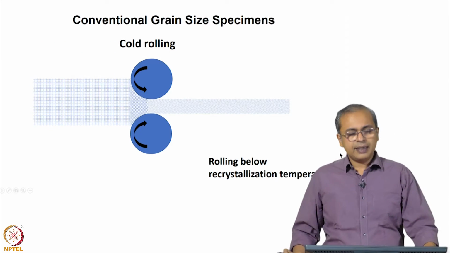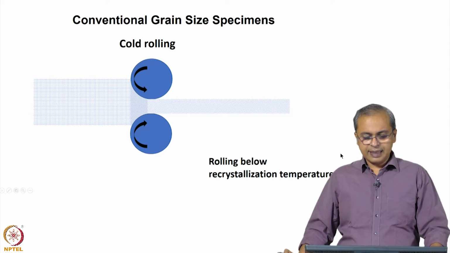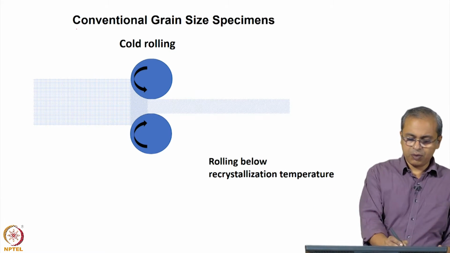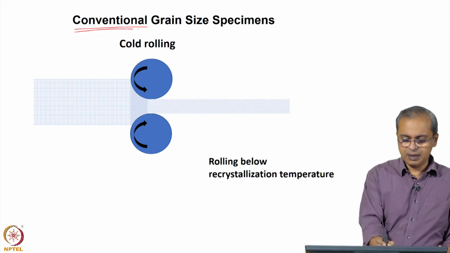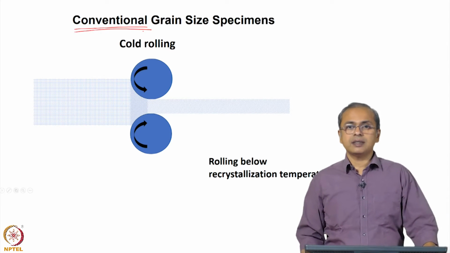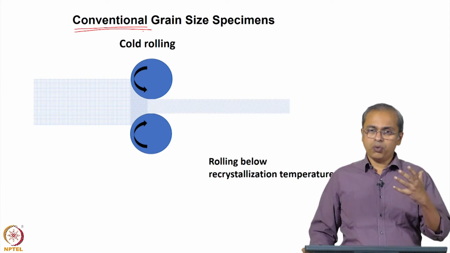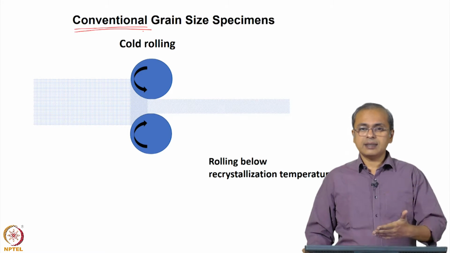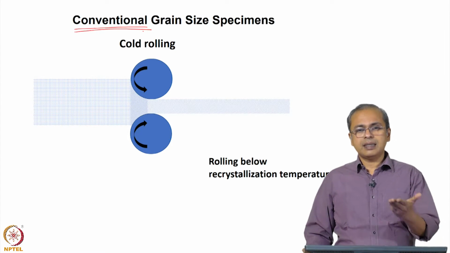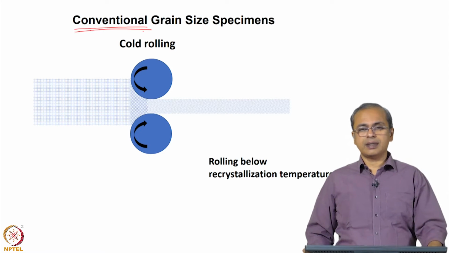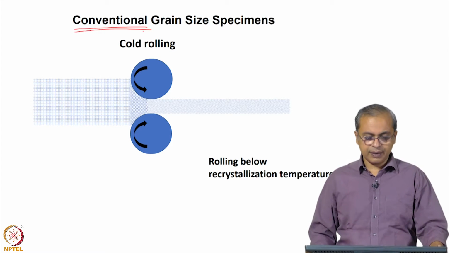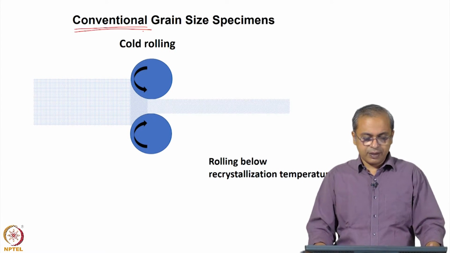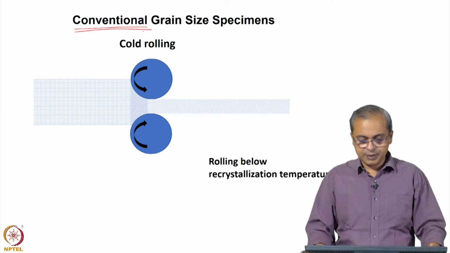If you see the larger grain size sample preparation process, what we would also otherwise call a conventional grain size, the reason we say conventional grain size is because if you go to a typical hardware store or typical supplier of materials, chances are they are already giving you a sample that is in this grain size range, and that is the typical material that you are going to get, and that is what we are referring to as conventional grain size specimen.